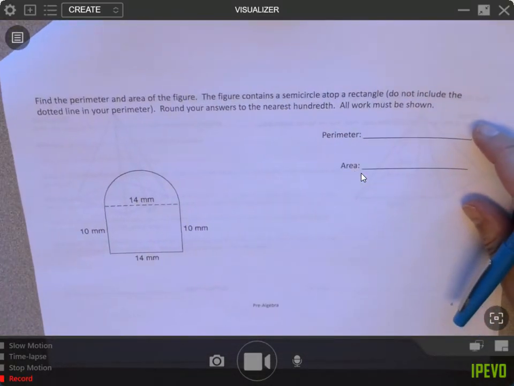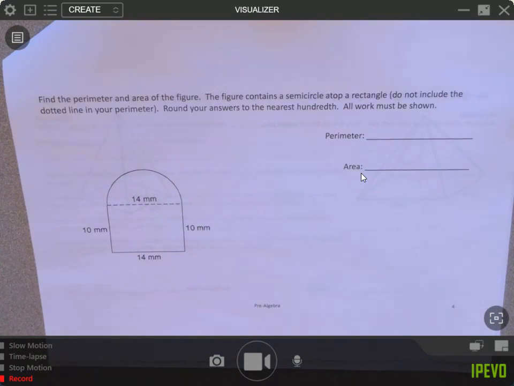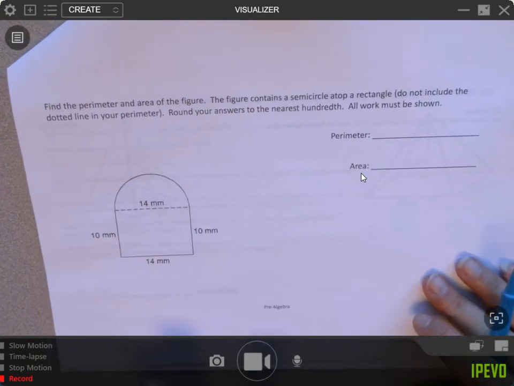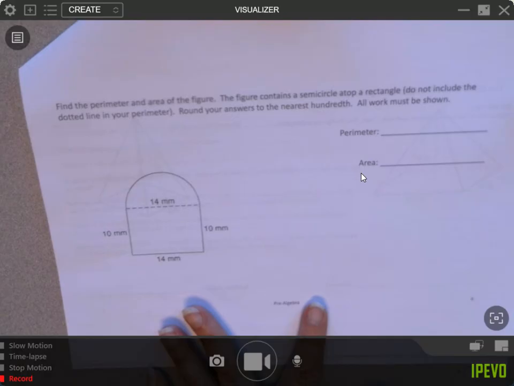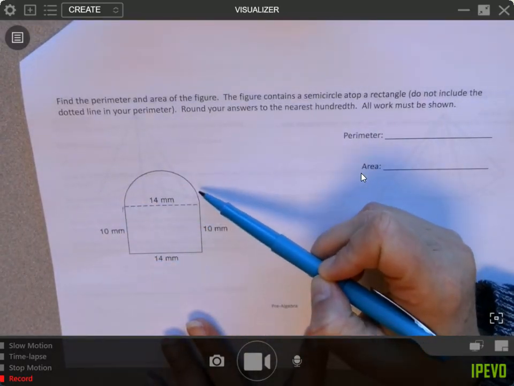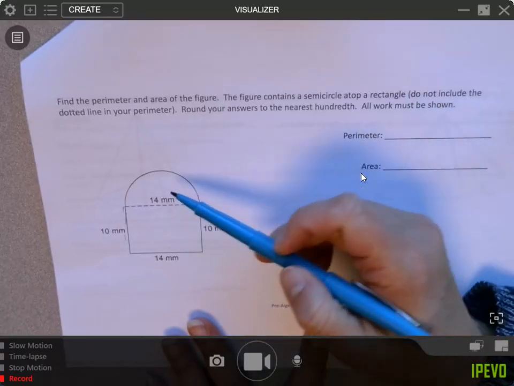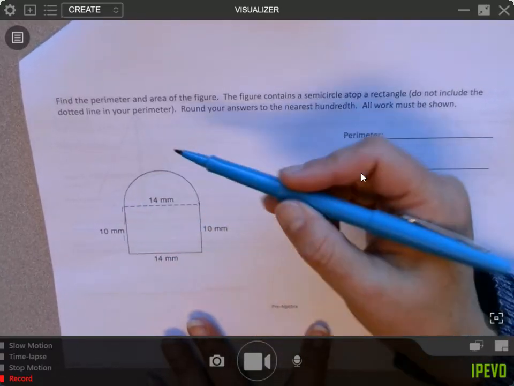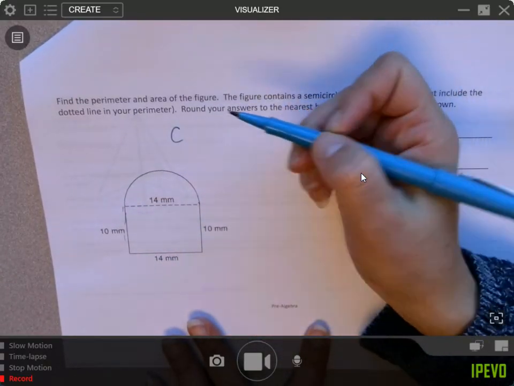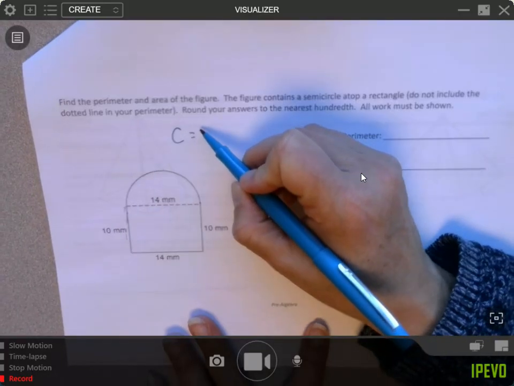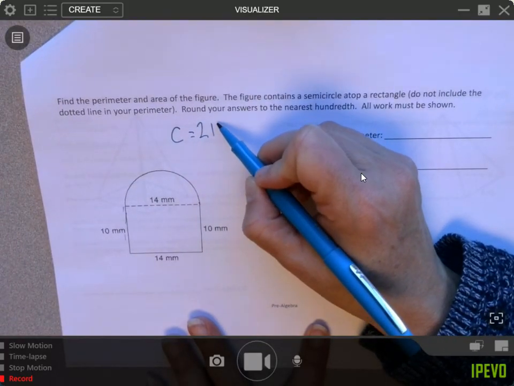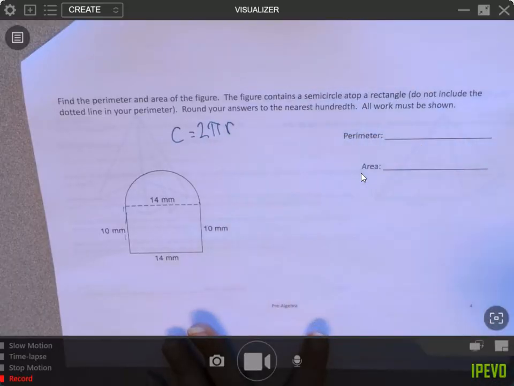On this page, quite a few of us have been asking me for the formulas for the circle. So when we're finding the perimeter, we know that's the outside. You know how to find the perimeter of the rectangle? The perimeter of a circle is called its circumference. To find a circumference, we do 2 times pi times r.